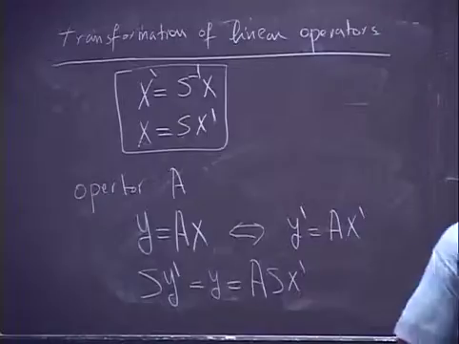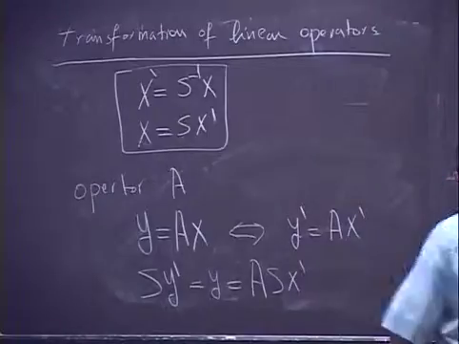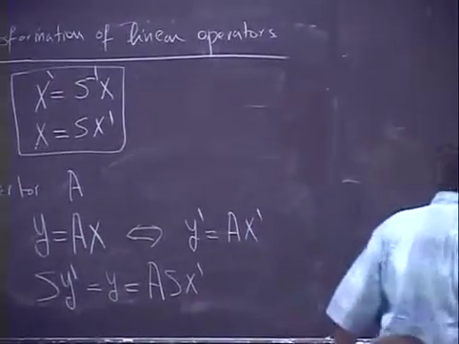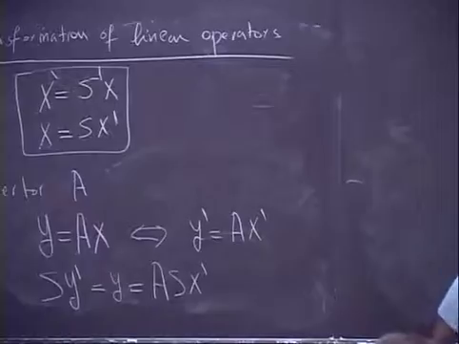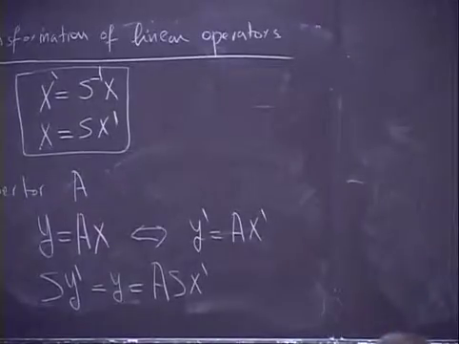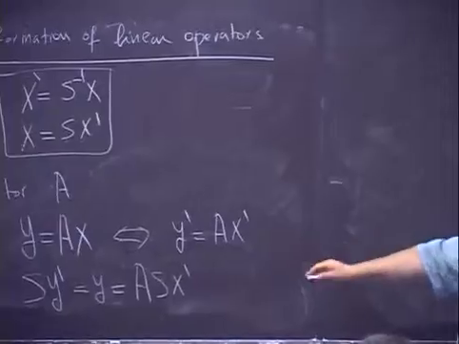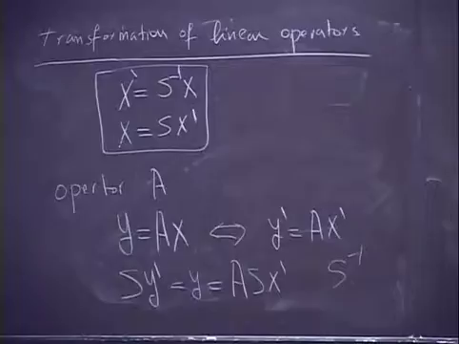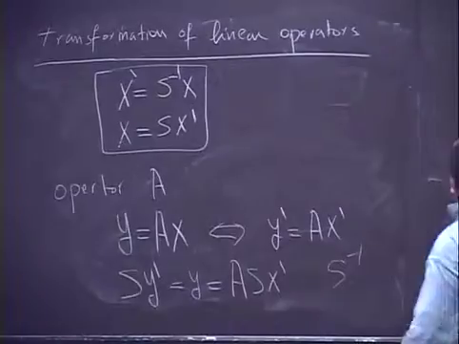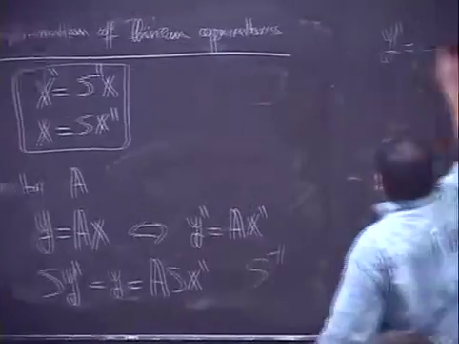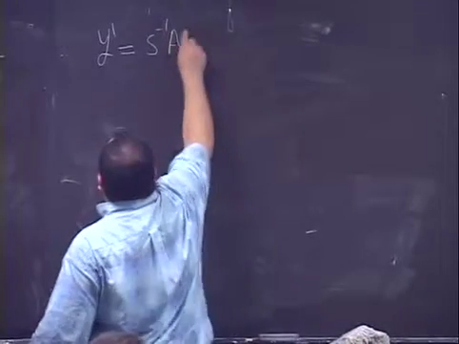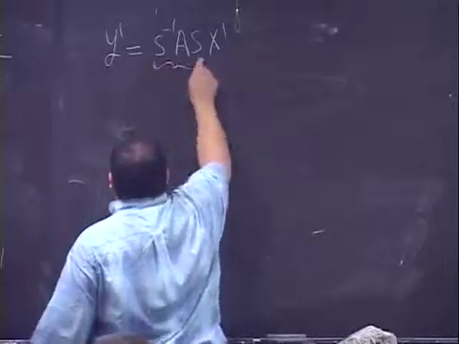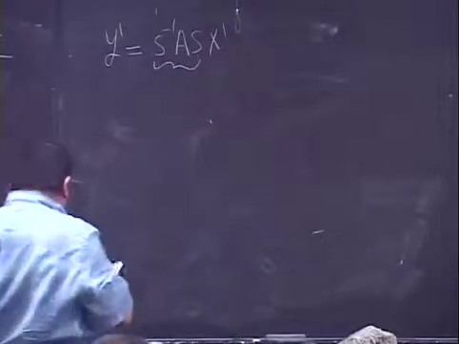So if you invert this, what will you get? If you multiply by S minus 1, the inverse transformation matrix, on both sides, what will you get? Come on, guys. If I multiply both sides by S minus 1, so y prime is equal to what? S minus 1 A S x prime. This is what we call similarity transformation.